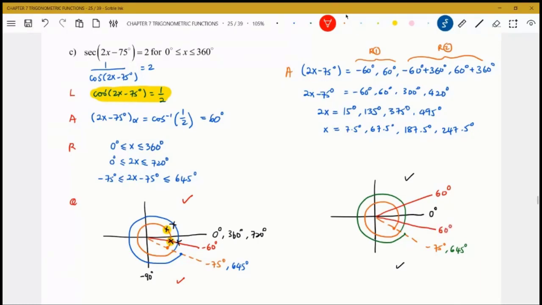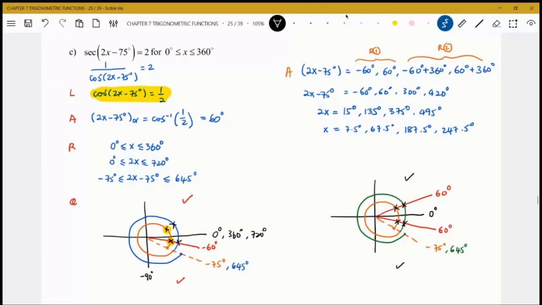Okay. So kalau kita tengok daripada negatif 75, dia jalan, dia jumpa first angle adalah pada di sini. And then dia jalan lagi, dia jumpa second angle pada yang ini. And then dia jalan untuk masuk kepada second rotation, ini adalah third angle. And then di sini adalah fourth angle.